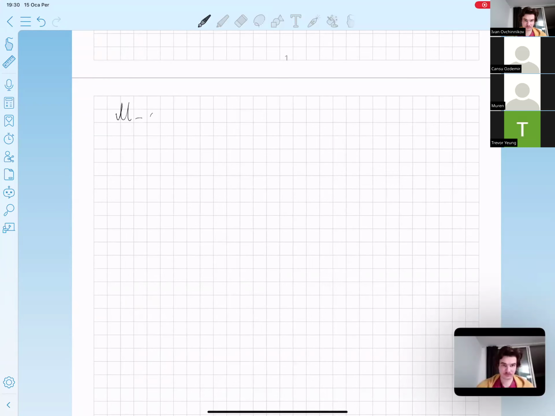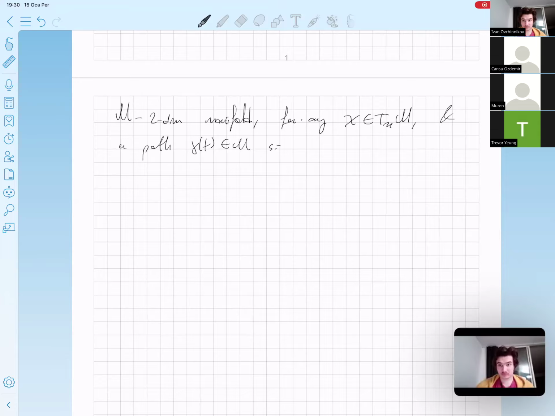Let's assume that M is a two-dimensional manifold. Then for any X like this and a path gamma that's completely on M, such that it starts at X, we are going to carry X along gamma.